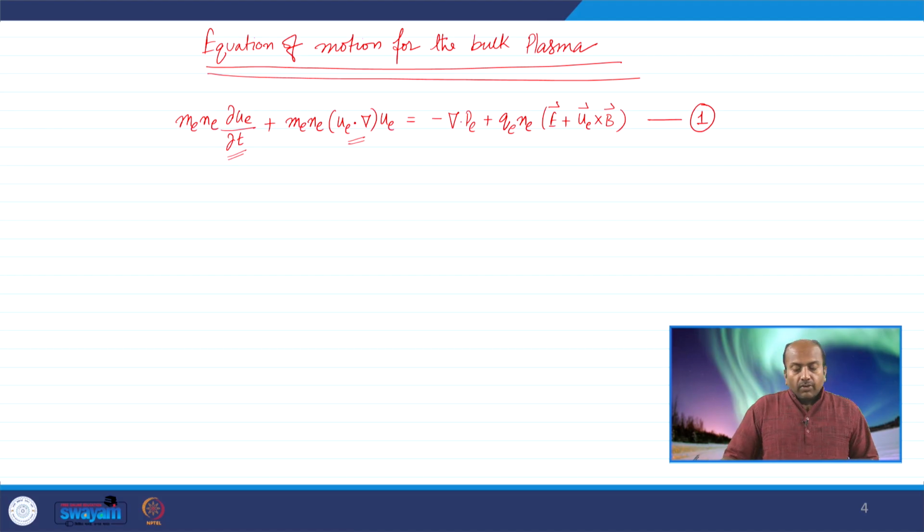So the rate of change of velocity and the advection is equal to the sum of the electrodynamic forces and the kinetic forces.